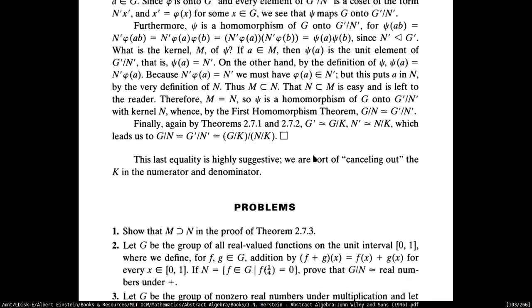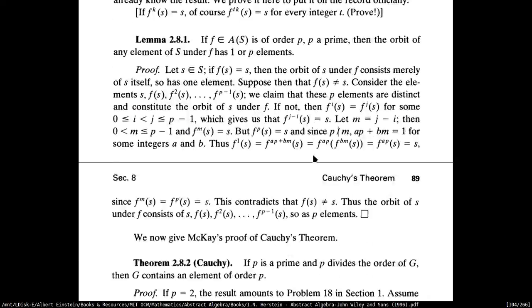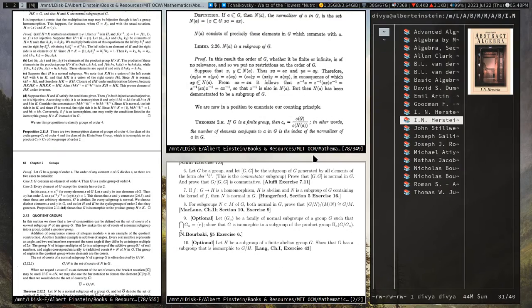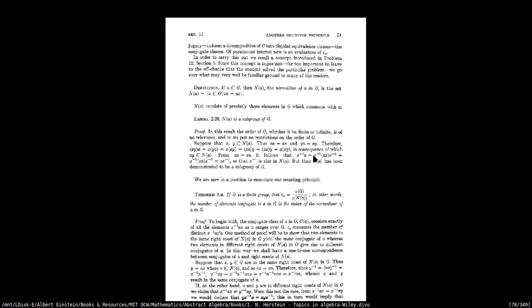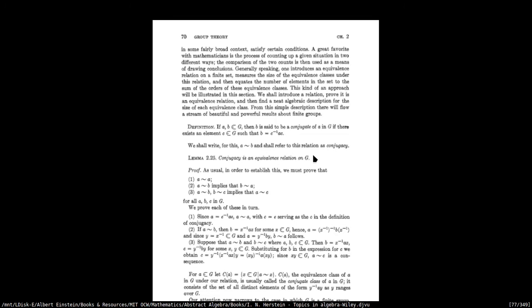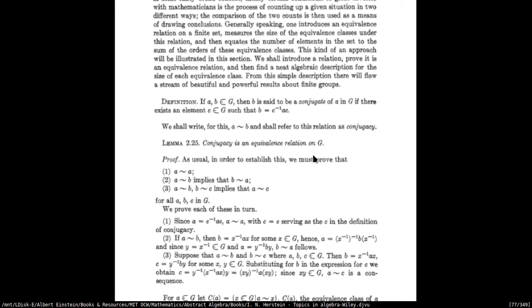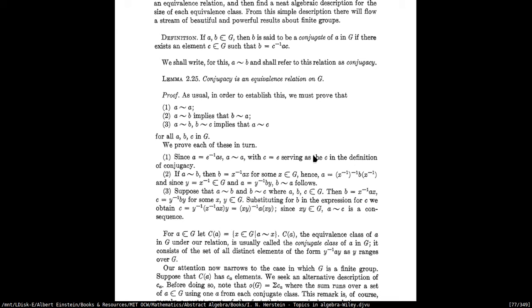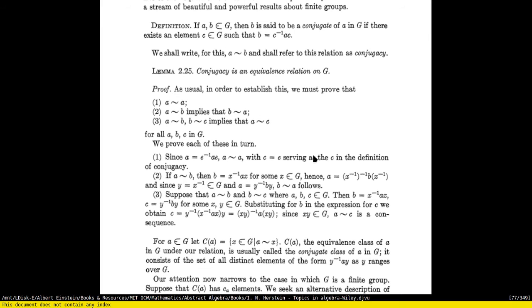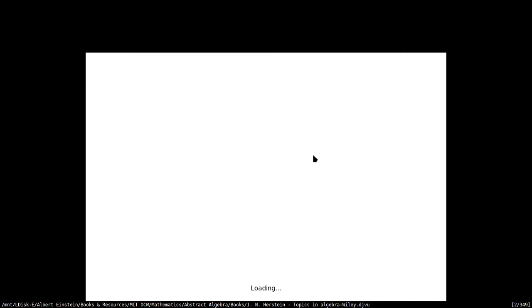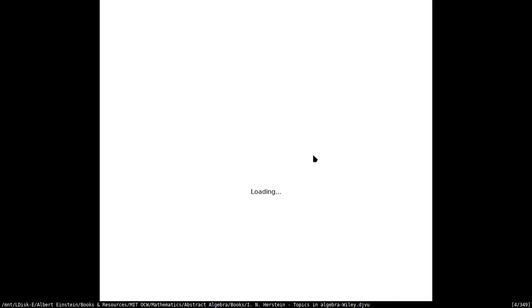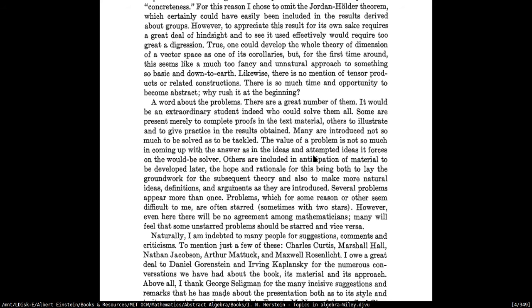Christine really did have great problem sets, though. They graded from really straightforward problems to really challenging ones, so it's a good source for that. I haven't checked the problems for sure. I have checked some chapters, some sections. I refer to Herstein, but not the problems.